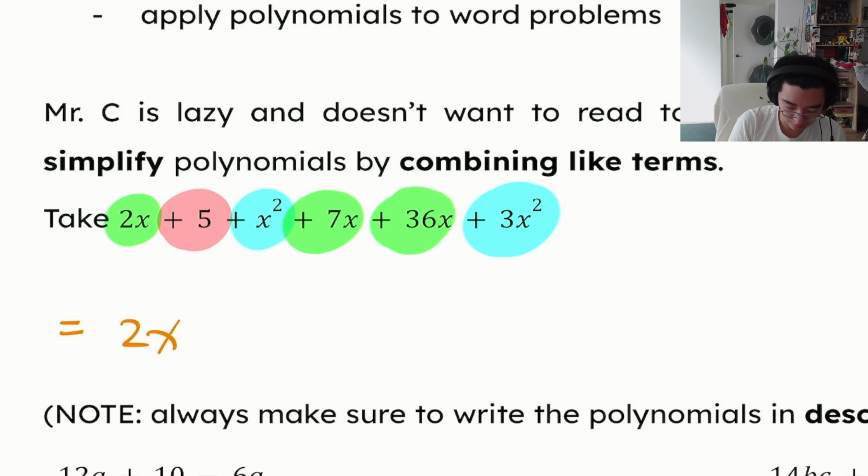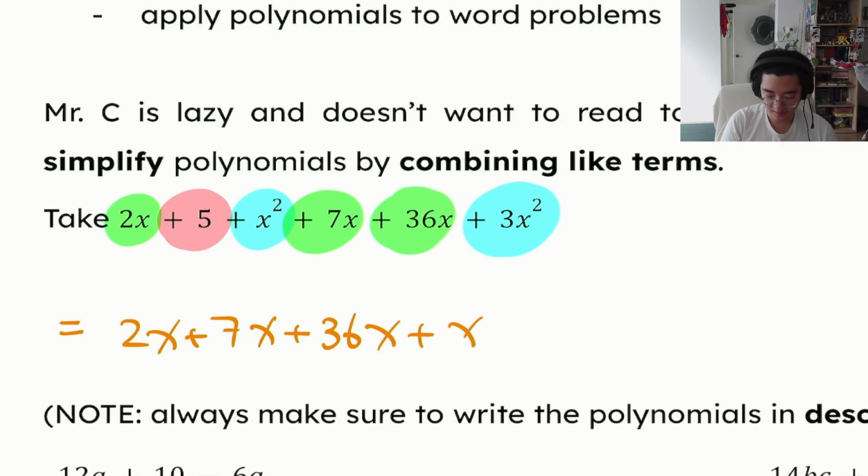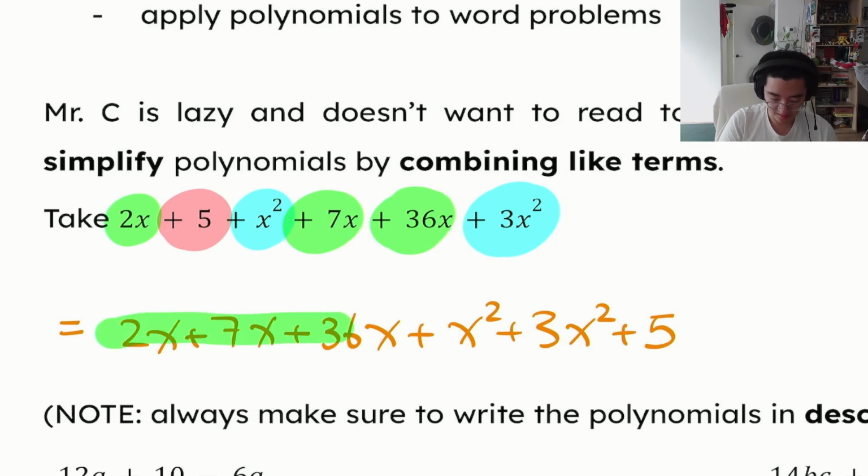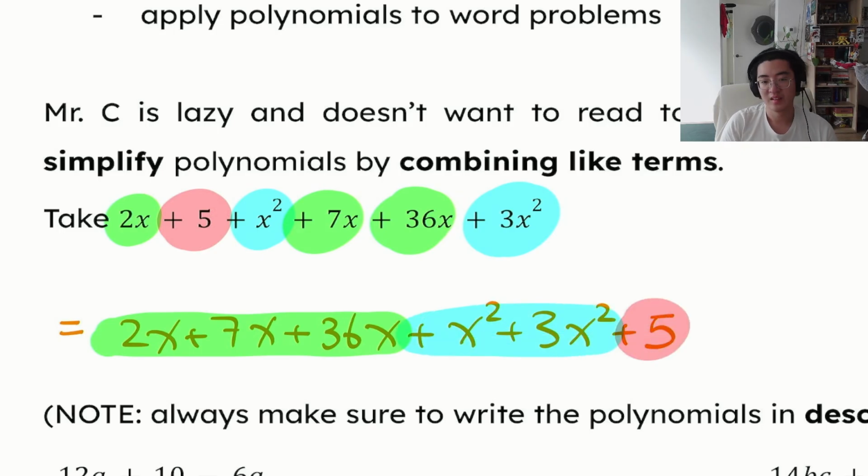We've got the greens, the x by itself, and then we've got the squares, and then just a constant. We've got the green section, the blue section, and then the red. We are just rearranging so that they can combine together.